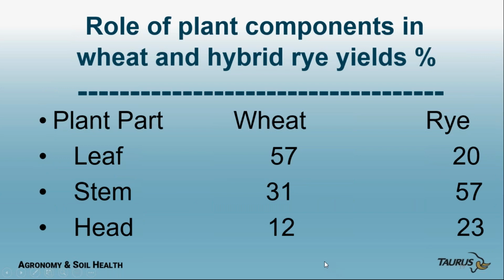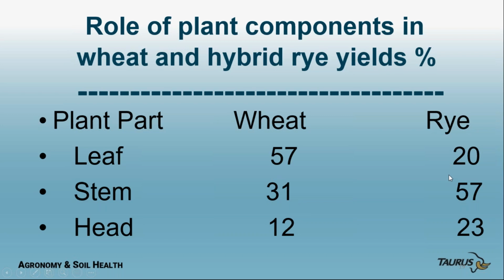I found this as I read, which I think will be interesting to farmers: when you look at different plants, and I didn't know this, with wheat about 50% of productivity is related to the leaves, 31 to the stems and the head.